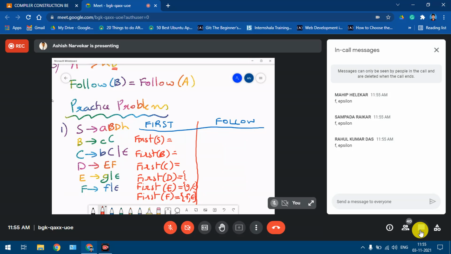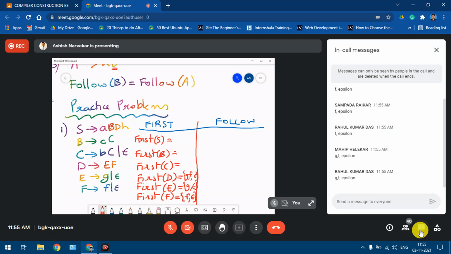This is a bit tricky, right? First of D is G, F and epsilon. Then first of C will be equal to b and epsilon, if I'm not wrong. First of B will be equal to c, and first of S will be equal to A. Okay. So these are the first sets.